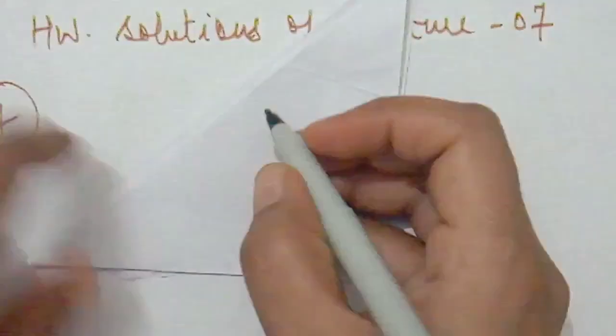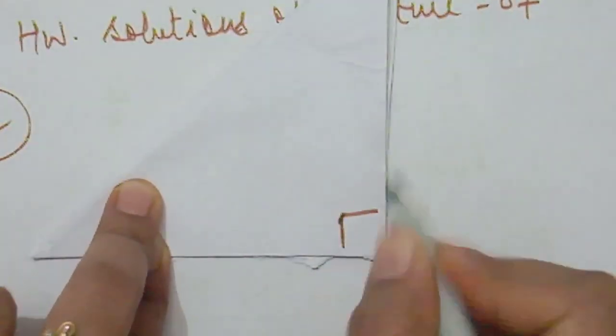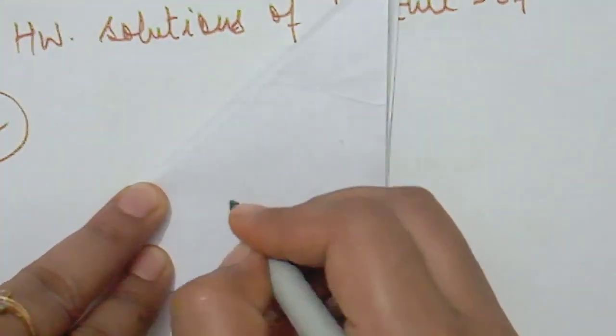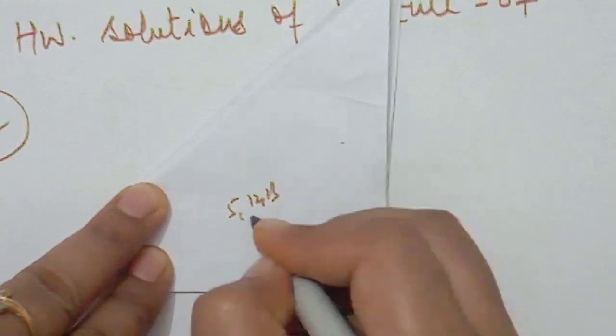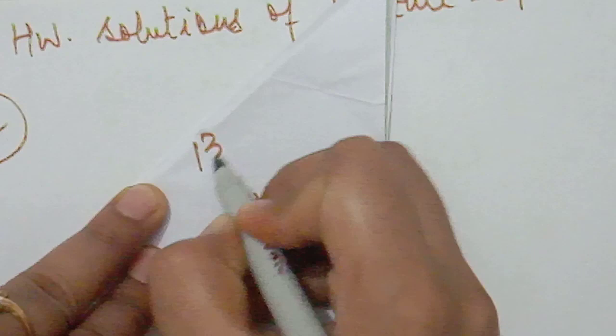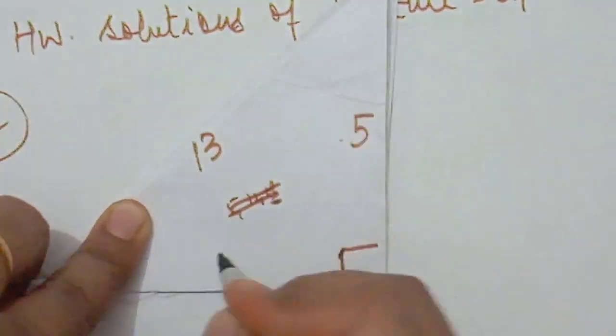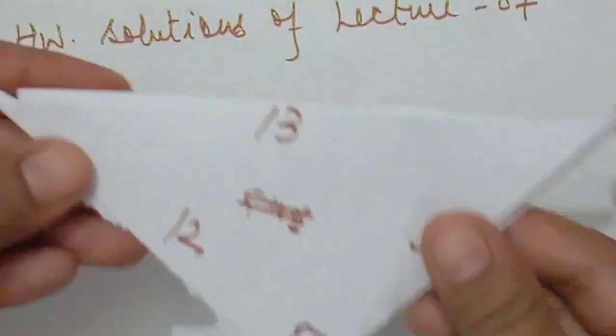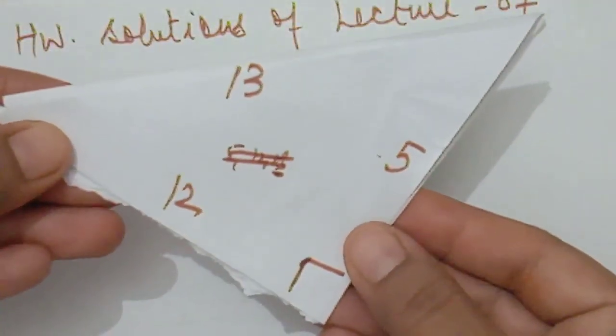Here we have a 90 degree angle and this is a right angle triangle. According to the Pythagoras theorem, out of 5, 12 or 13, the hypotenuse is 13. Now the two sides remaining are 5 and 12. We will take 5 here and 12 here. Correct. Now sides are already decided according to the Pythagoras theorem.